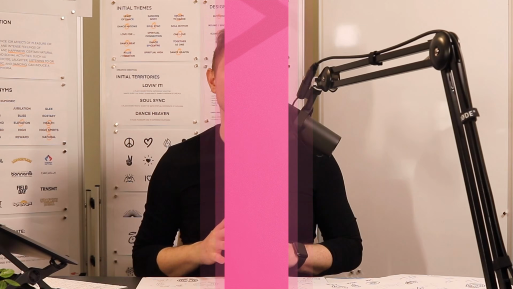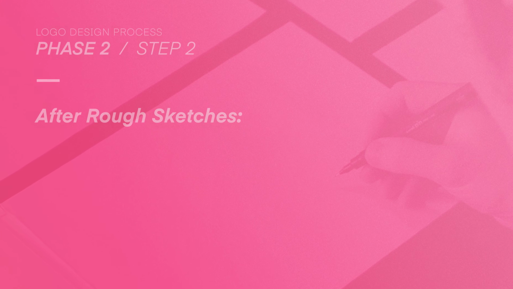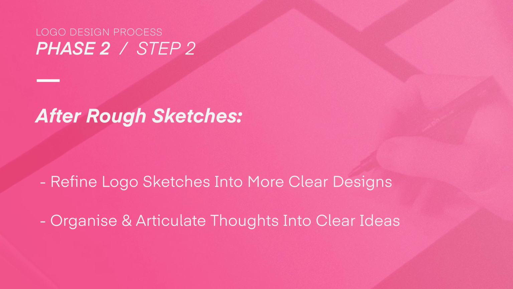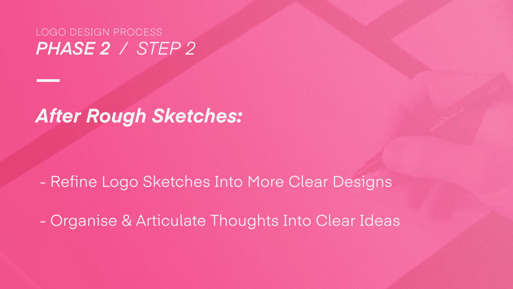So once I have generated lots of sketch ideas and decided on my strongest logo routes, next I'll take steps to refine my logo sketches into more clear designs and organize and articulate my thoughts into clear ideas. Once I have settled on my strongest routes, I will then want to take my chosen designs and scamp them up ready to preview. Now, if you're not sure what a scamp is, well, it's basically a more refined drawing, which can be used to showcase an idea more clearly.